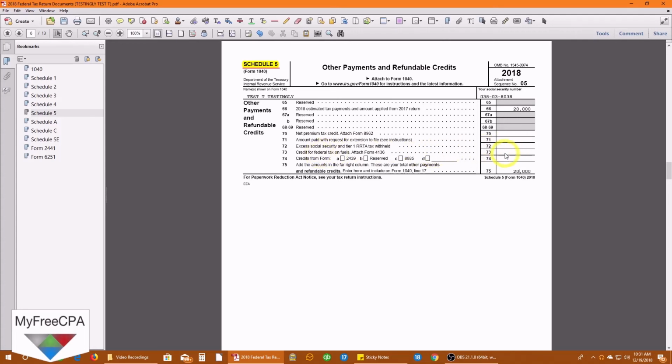Federal tax credits on fuels if you are a trucking company. Any other tax credits, they're all going to go here, right? So you're going to have all these credits that are refundable and other payments and refundable tax credits. So these are going to bring your taxes below zero.